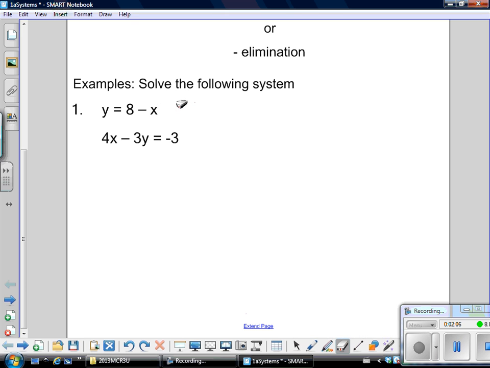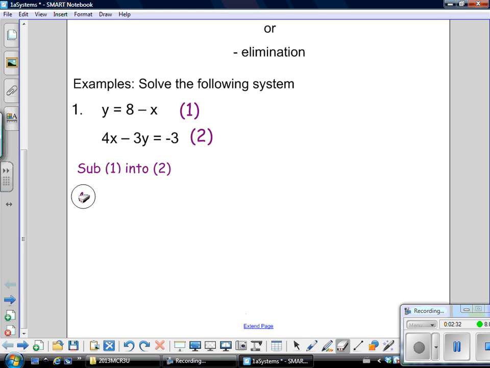This first one we're going to call number 1, and the other one we're going to call number 2. The reason we do that is so that when someone else is looking over our work, they can see what we're doing, because we're going to tell them. So the first thing I'm going to say is sub 1 into 2. It's that simple.